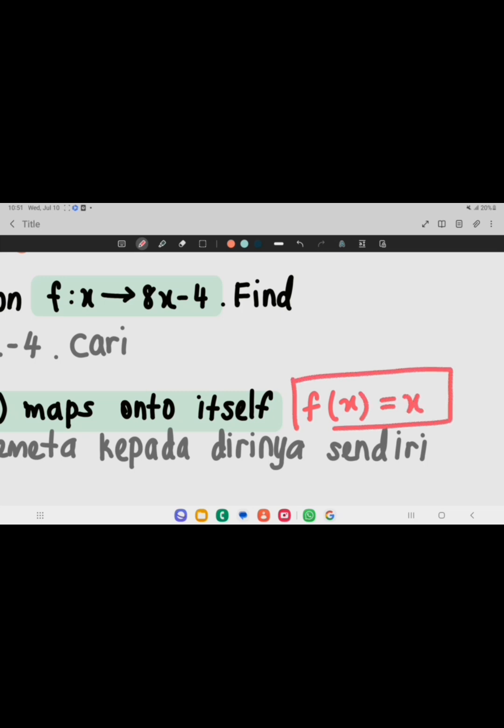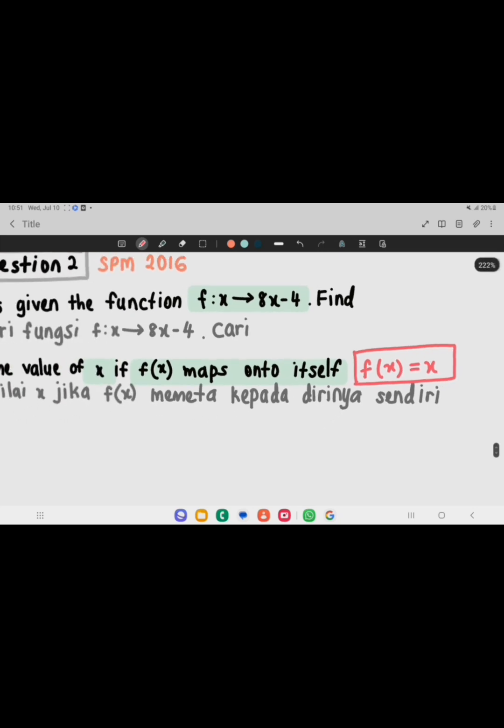This is the thing you have to understand when this keyword is given to you. What if the question says g(x) maps onto itself? Then it means that your g(x) is equal to x. So just like that, the keyword you must understand.